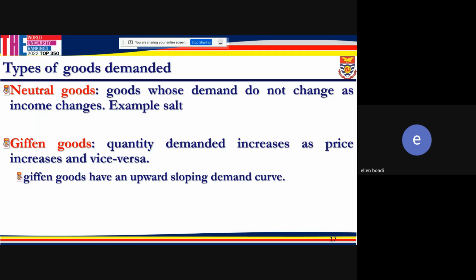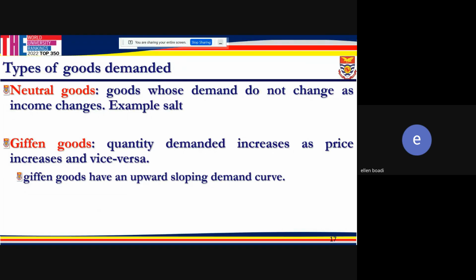So the increase in purchasing power, we use that to buy normal goods, because we would have preferred the normal goods and only went for gifting goods because the prices were high. So when the prices come down, we'll switch to buy normal goods.